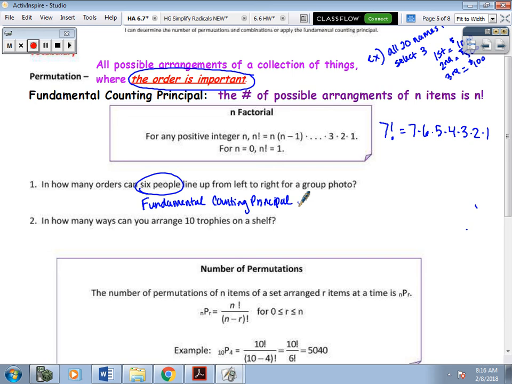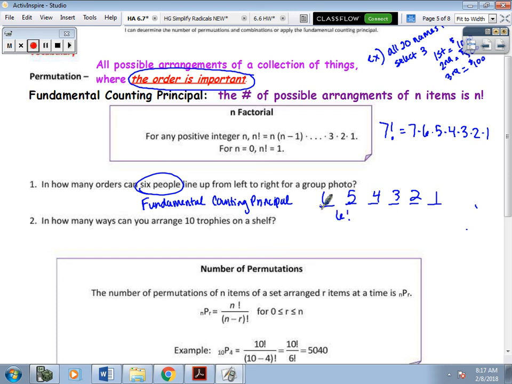Like how many if you have 6 spots. If you have 6 people to choose from to put in the first spot, I have 6 people that I could put there. Once you put 1 person there, how many do you have left to choose from? 5. Once you put 1 person there, you only have 4 people left for this spot, and then 3, and then 2, and then 1. Okay, so that is the fundamental counting principle, which would be the same thing as 6 factorial.